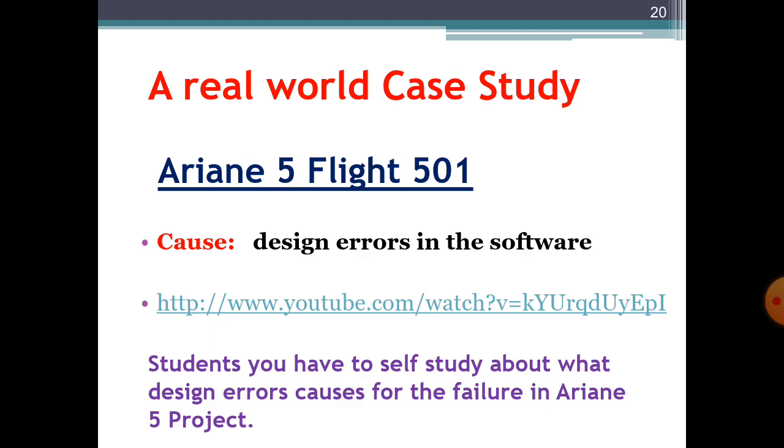We also discussed the characteristics of good design and bad design, the different levels, architectural and detailed design and their differences, and how architecture gives us the non-functional and detailed design gives us the functional requirements.